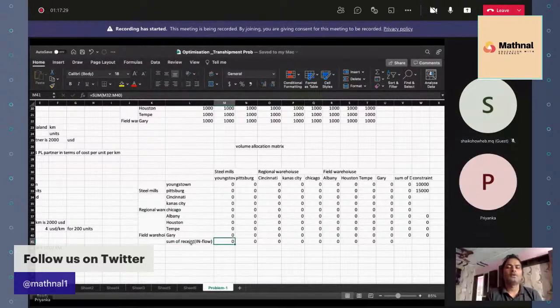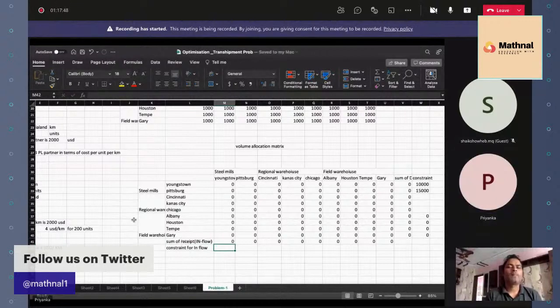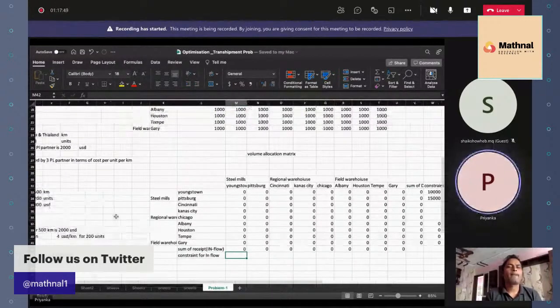Below that, we are putting constraints now. Constraints for the inflow. Let's clearly understand inflow. So what is the inflow at Youngstown?